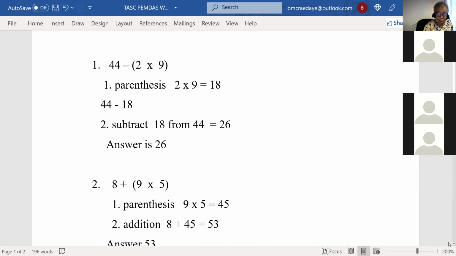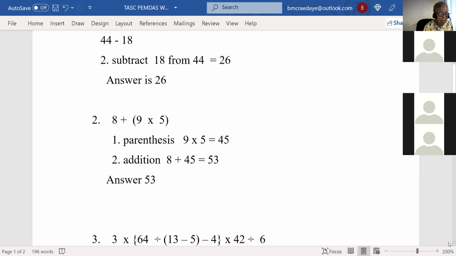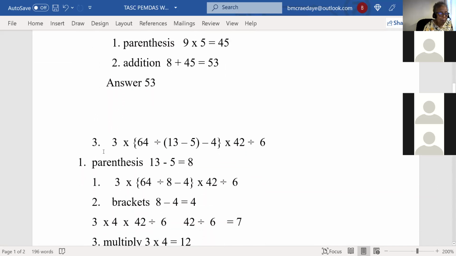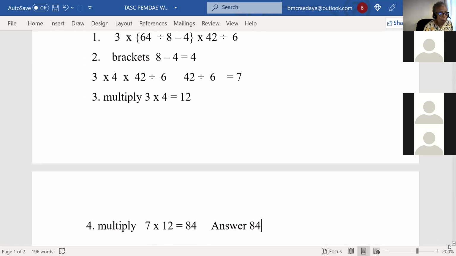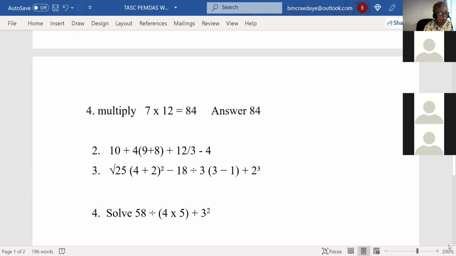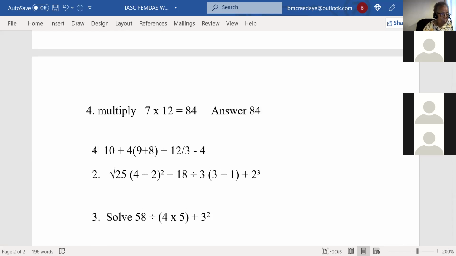We just did number 3. Number 3 had the brackets and the parentheses. Now we will go to number 4, but I don't think it's coming up as number 4. But let's go to number 4. Number 4 is 10 plus... okay, so this is number 4. And this would be number 5.